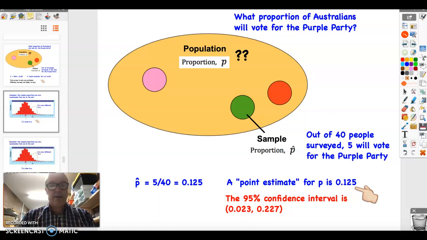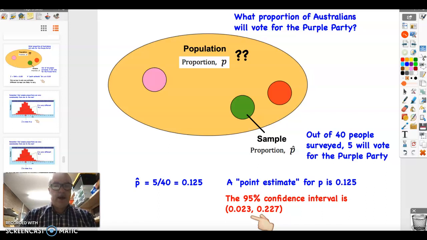So while the point estimate is 0.125, actually the population proportion could be anywhere within those two limits. And so that accounts for some of the uncertainty. At the same time, it's still possible, and this is only a 95% confidence interval, it's still possible that the real population proportion is outside of those limits.